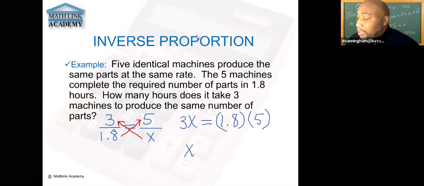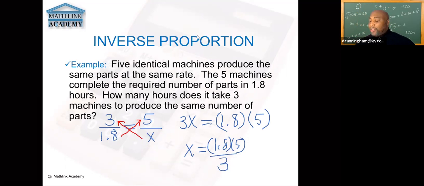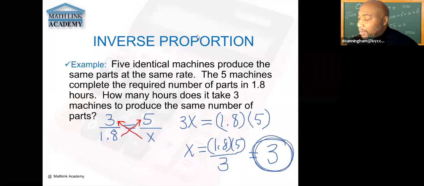Therefore, X by itself is equal to 1.8 times 5 divided by 3. And if we do the math for that particular piece, X will equal, I believe, 3, if my math is correct on this. And I'll just circle that. And then that'll be my answer. It'll be 3 what? 3 hours. Always write those units. So it'll be 3 hours.